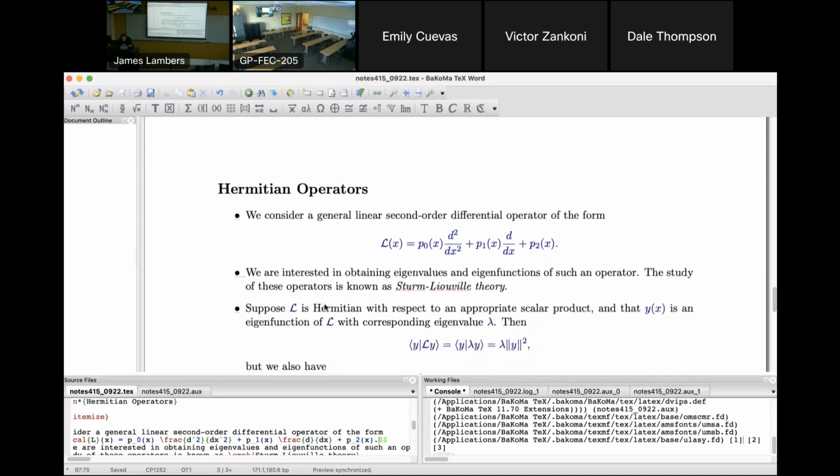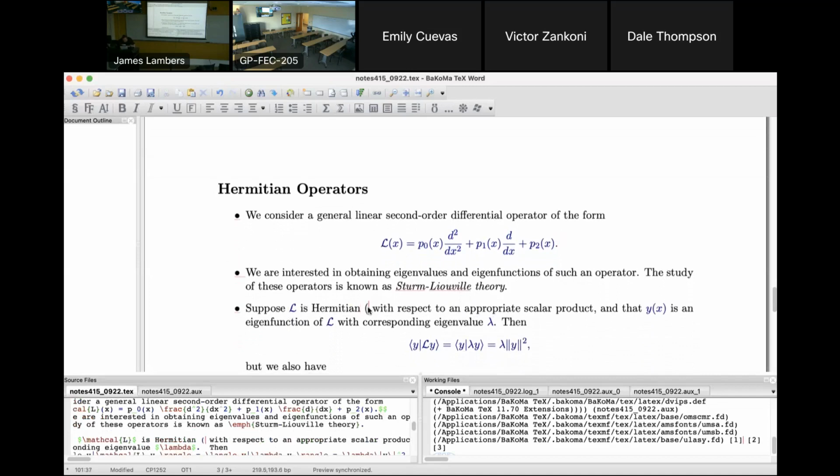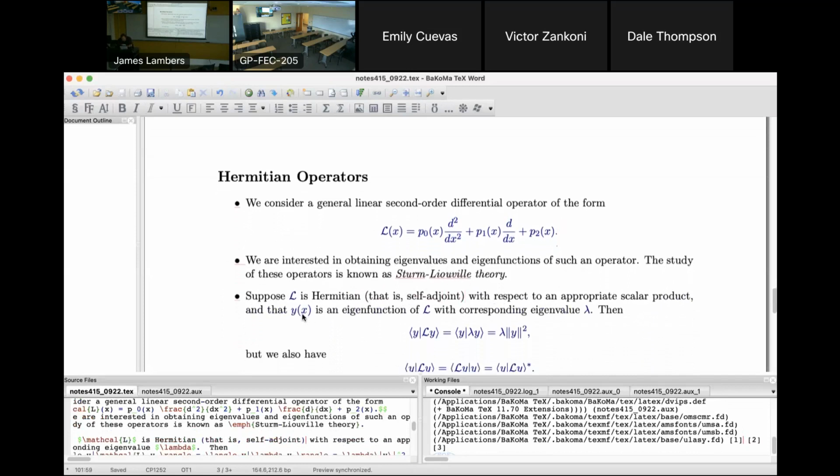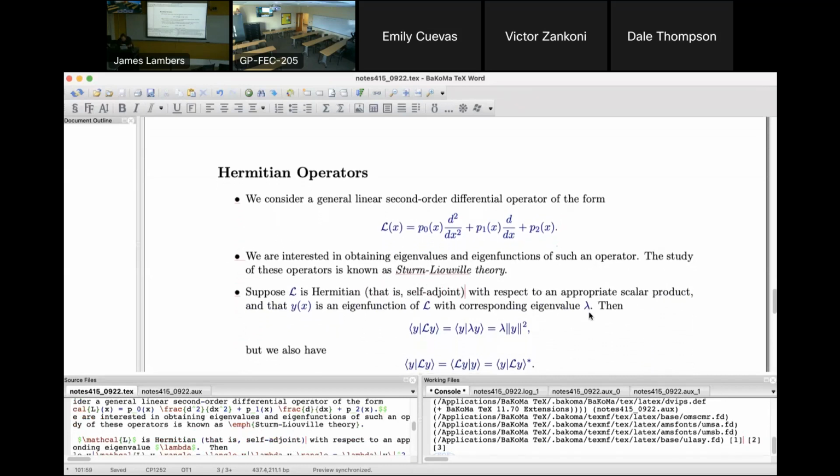So let's suppose that L is Hermitian or self-adjoint with respect to some scalar product, and y is an eigenfunction, lambda the corresponding eigenvalue.